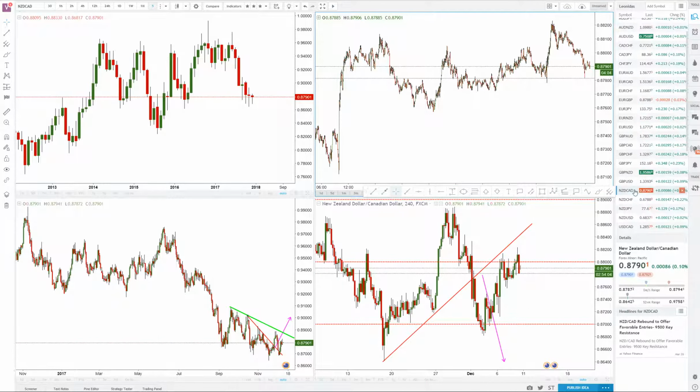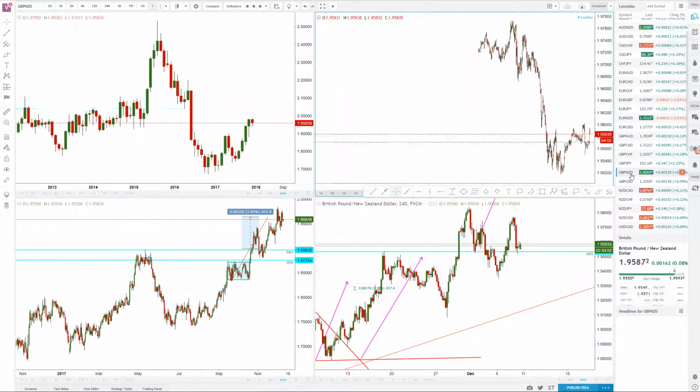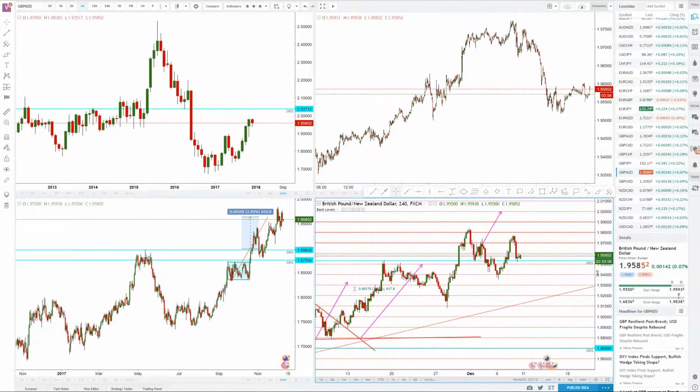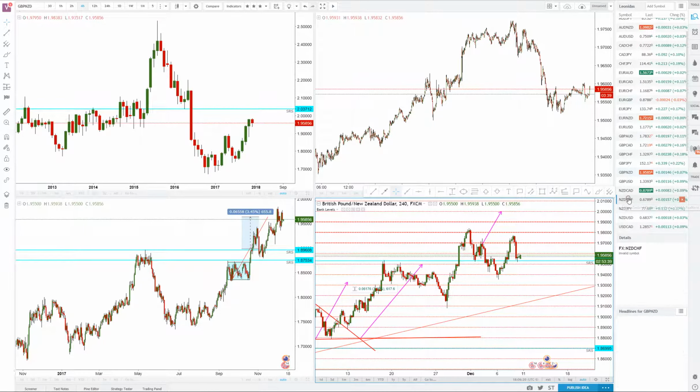GN, I said that we were going to go up, and we pulled down lower, and then moved up. So kind of a flat week for GN actually. I was looking to buy down here, but I never got a pullback to buy, so I missed out on about 400 pips.